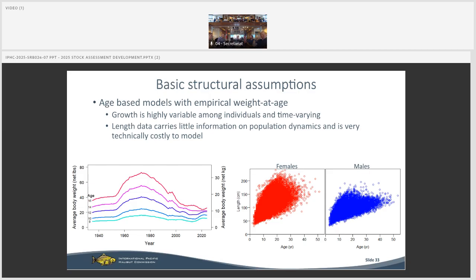Because those two things interacting with time-varying growth means that the selectivity at age has to be time-varying. There's no way around that. So we have to deal with a time-varying aspect of selectivity. And that's the cost of bypassing dealing with growth, is that now we have to deal with time-varying selectivity.